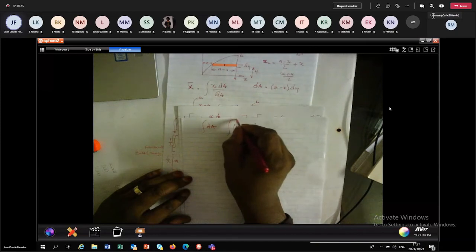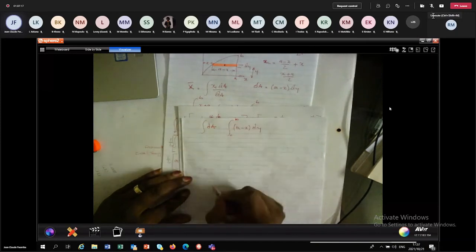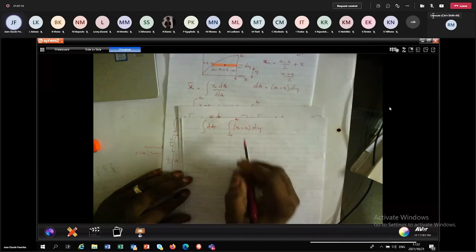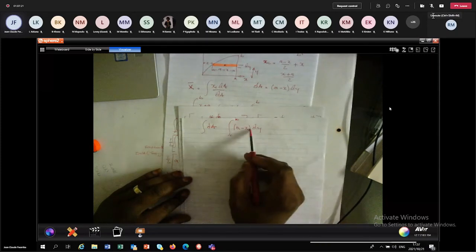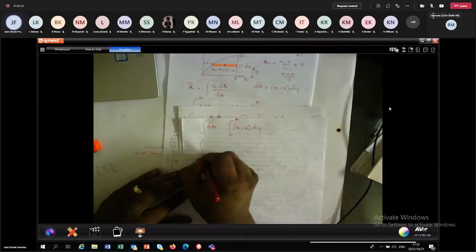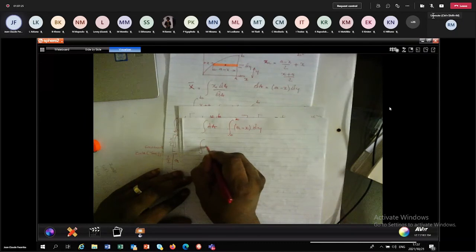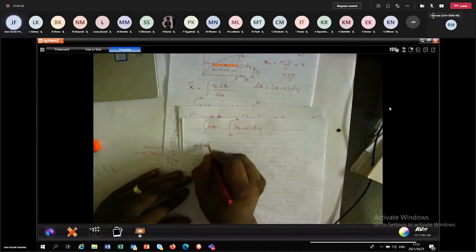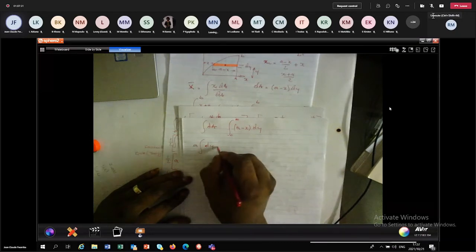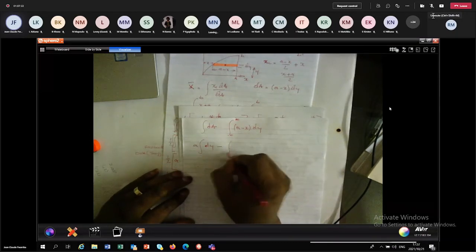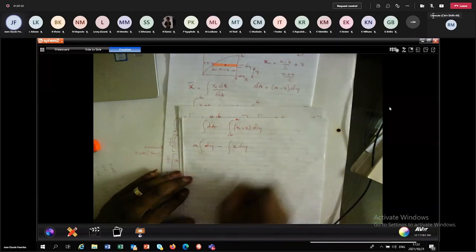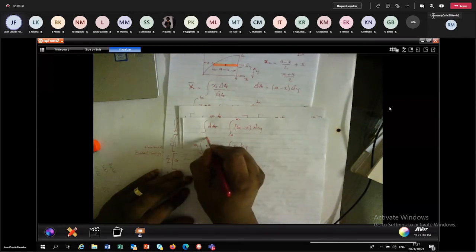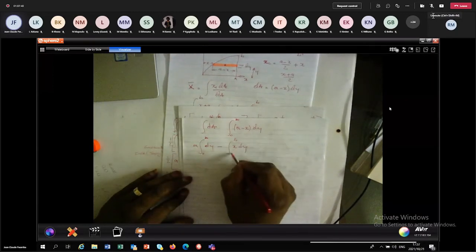Within my limits, b and 0. So I'll have the integration of a, which I can put outside as a constant, dy, minus the integration of x dy between my limits, b and 0.